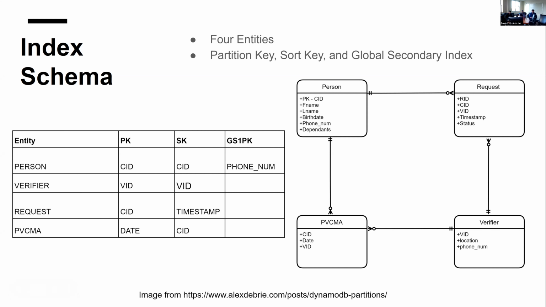The request is indicated by the person's ID along with the timestamp of the request. And then the alerts are partitioned by date and then the person's identification from there. And so to the right is our entity relationship diagram to see how these entities are interacting with each other in the database.